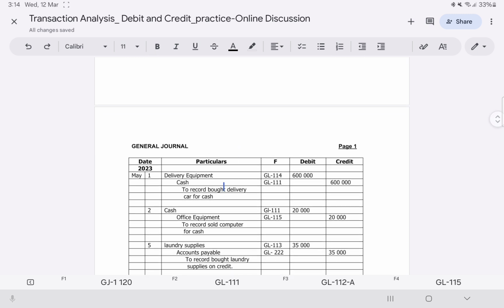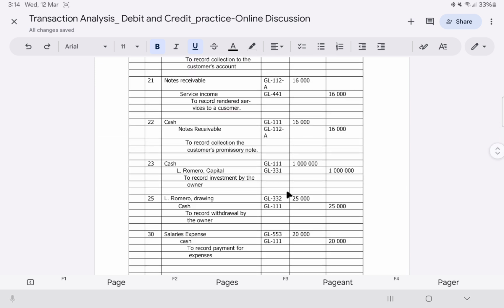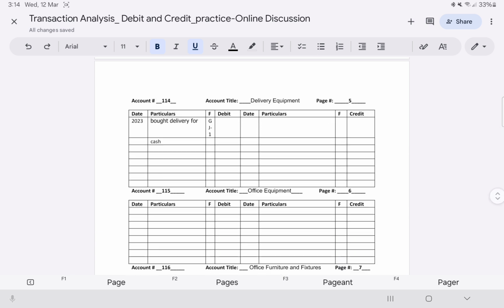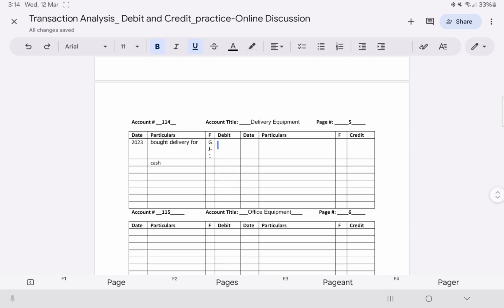The May 1 transaction belongs to page 1, so this is General Journal or JG, page 1. Where is it? Delivery equipment.